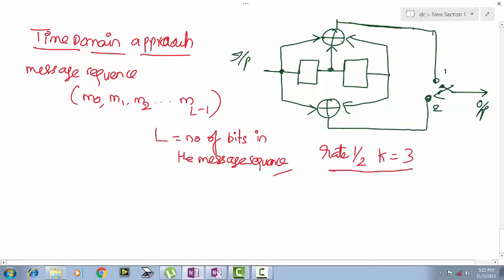In the time domain approach, the first thing we have to do is, for the given convolutional encoder structure, find out the number of output bits. In this case we have two outputs, output 1 and output 2.